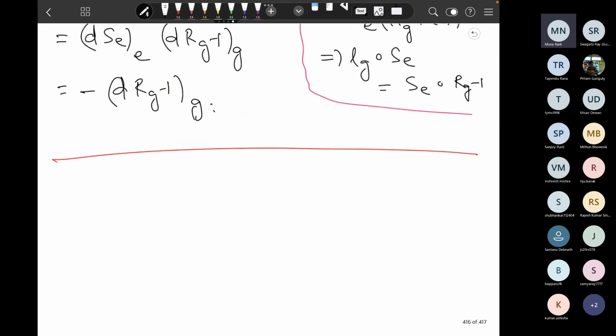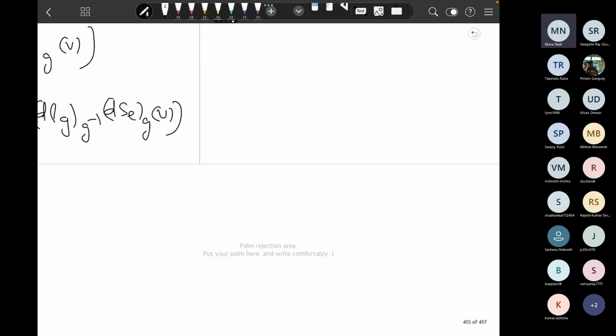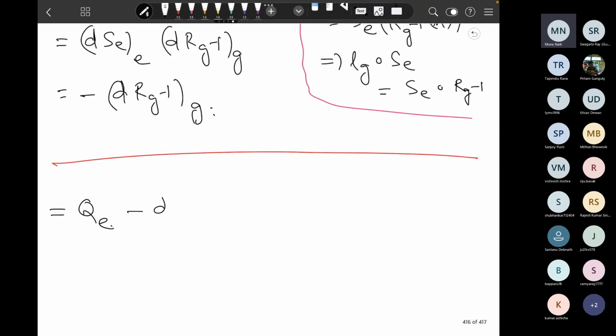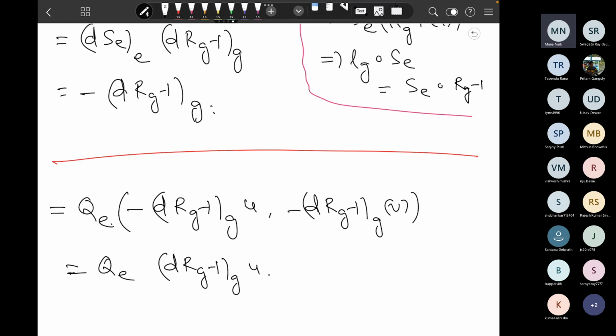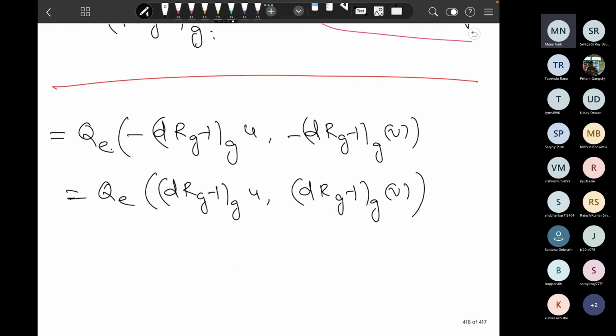This is equal to Q_e of minus dR_{g inverse}(g)(u) and minus dR_{g inverse}(g)(v). So the minus minus will come out, so that will be Q of dR_{g inverse}(g)(u), dR_{g inverse}(g)(v), and you use this thing.